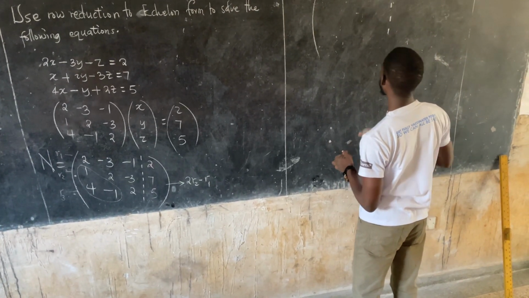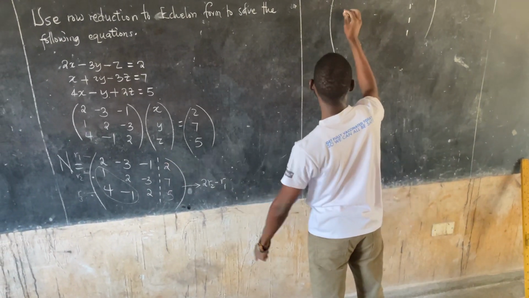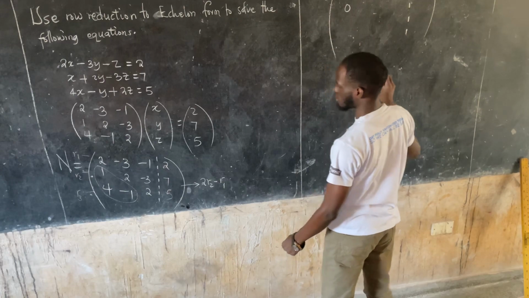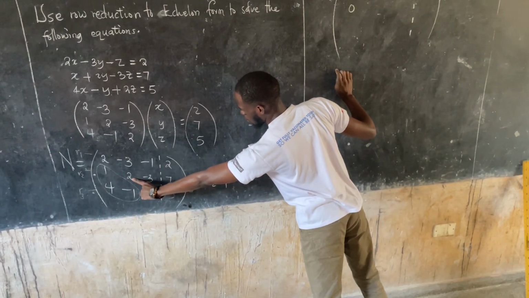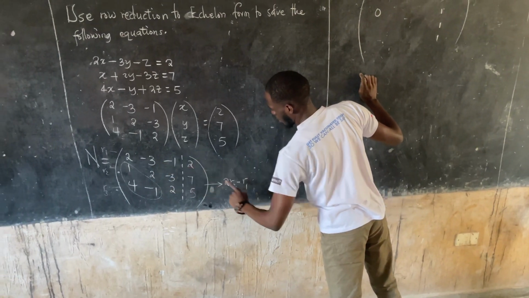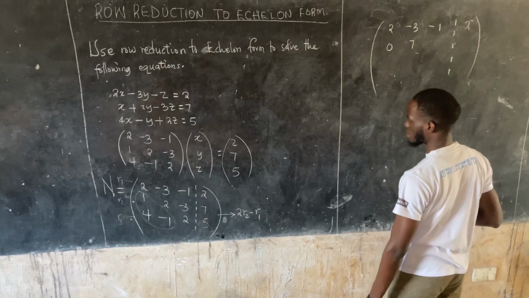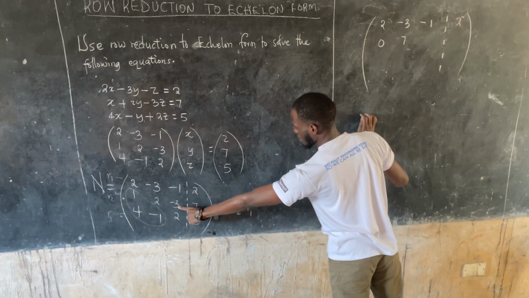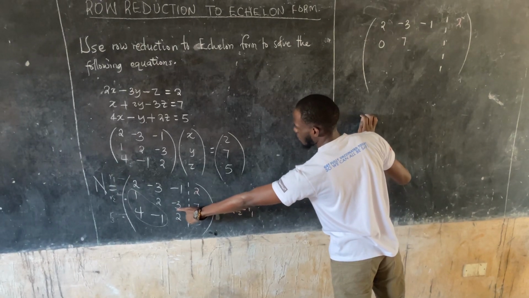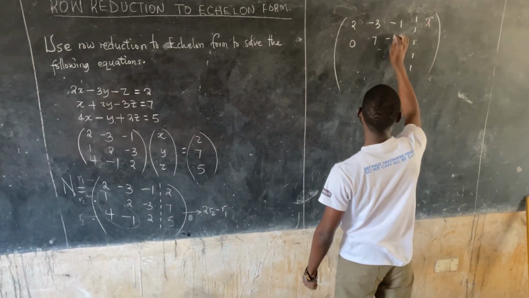We are saying that is becoming 0. Then 2 times 2 is 4, then minus that becomes 7. So I have 2 times -3, then minus 1, we have -5.